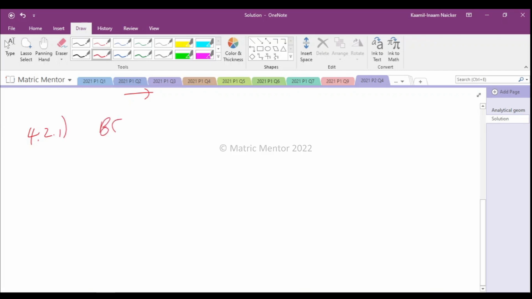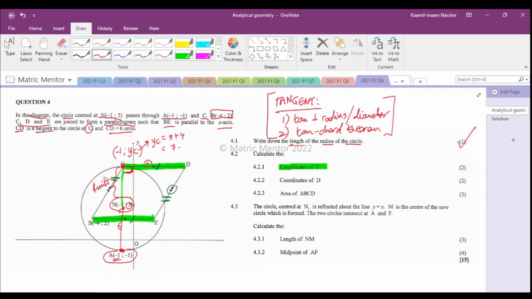The first thing we know is that BE is parallel to the x-axis. And that information was given to us. So I can say, therefore, CD is also going to be parallel to the x-axis. And why do I say that? Because BE is parallel to CD. And you can go back to the picture. Why is BE parallel to CD?